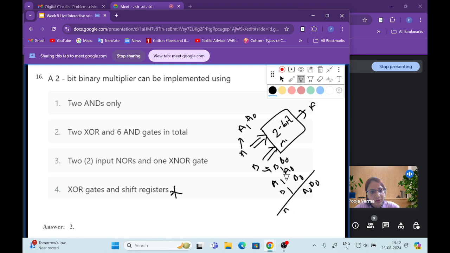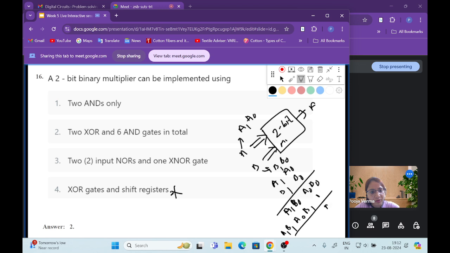Now in the next multiplication, A1 B0. This one is A1 and this one is B0. Now next it is 0. So now here A0 B1, and next one is A1 B1. Right?